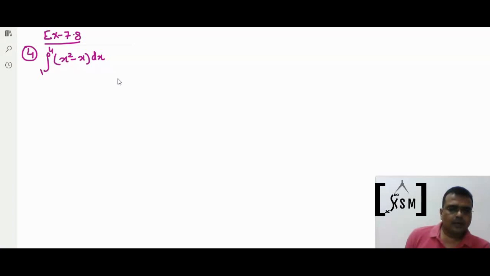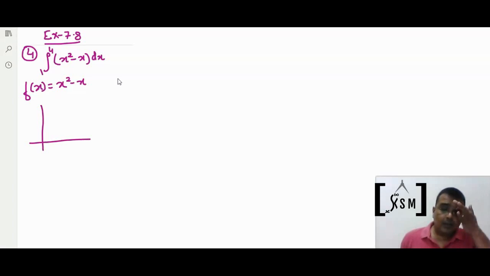Okay, let me write down the function f(x). So the function f(x) is x square minus x, and I'm sure you must have a basic idea of how the curve looks. It is a quadratic function and it is an upward parabola with the intercepts 0 and 1.